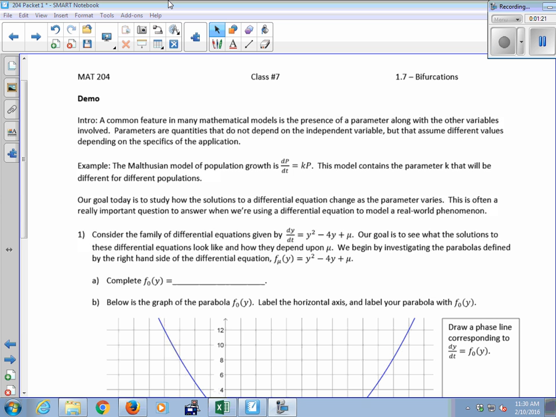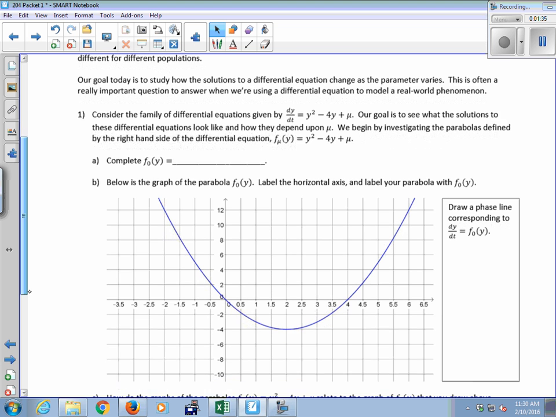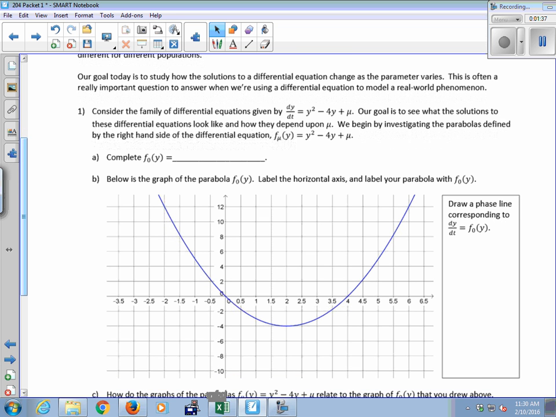Okay, so there are many differential equations encapsulated in there with a different parameter, and we want to know what the solutions look like as you change the parameter. Okay, this is often a really important question to answer when you're doing modeling in the real world.